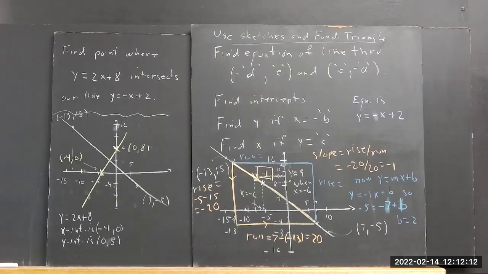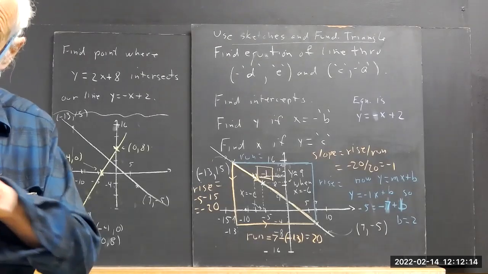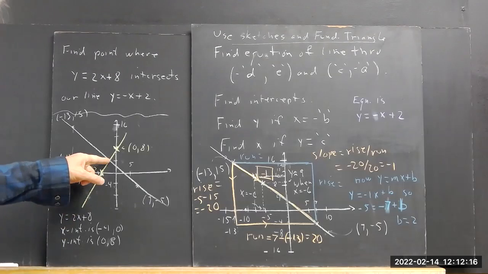Okay, now according to my graph, write down what you think the coordinates of the point are where the two cross.